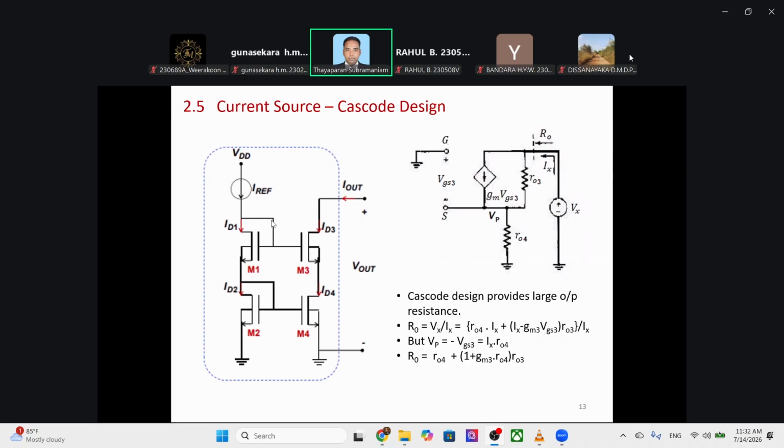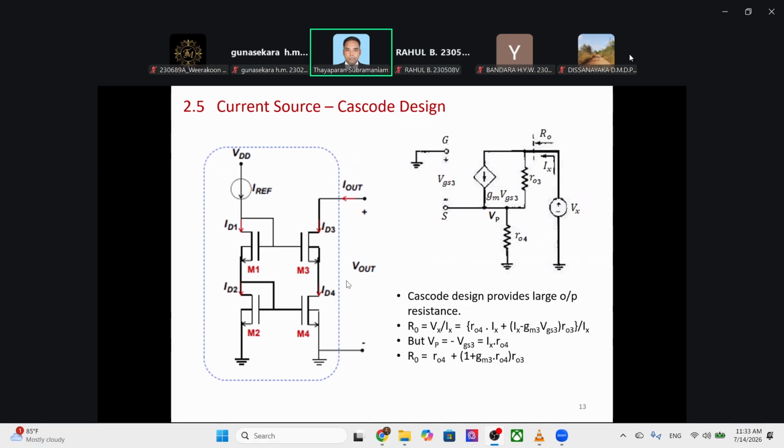This side we have shorted, we make sure that VDS is equal to VGS. Here also the same case. There's an I reference here, but these are open, right?